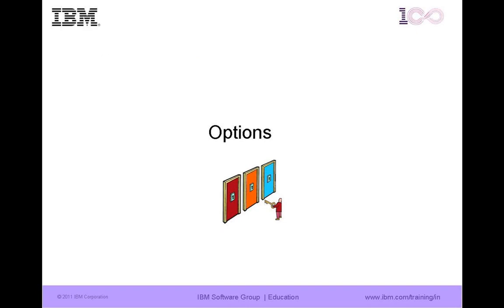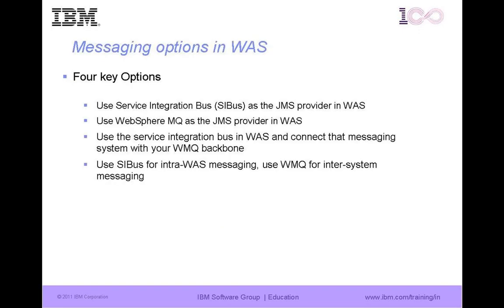So what are the options that we have? Now, the moment we talk about having two different messaging systems, I'm sure we'll have multiple options that enable us to connect to the backend messaging systems. So let's look at the 4 key options that we have for messaging within WAS. The first is to use the service integration bus as the JMS provider in WAS.